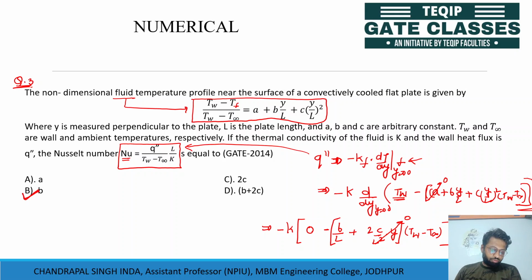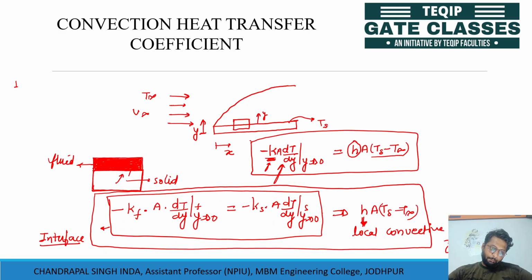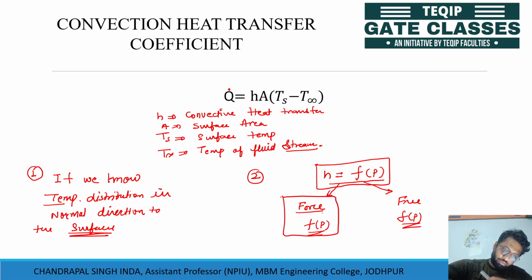So we'll conclude our first lecture over convection heat transfer here. In the next lecture we will start the second approach to find the value of the convective heat transfer coefficient for forced convection. First we will find on what parameters h depends for forced convection.